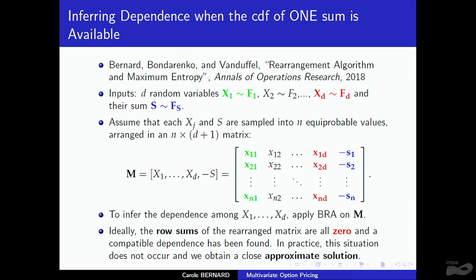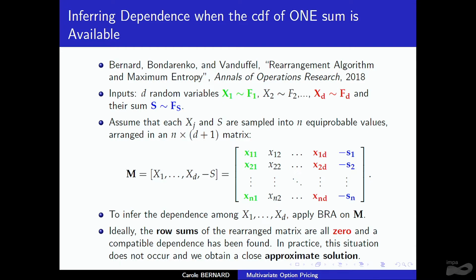And you write now in the matrix x1, x2, xd, and here you put minus the discretized value of s. Finding a dependence among the d variables that is consistent with this sum is actually finding the order here, so that when you add x1 plus x2 plus xd, you get exactly s, so the opposite of the last column.